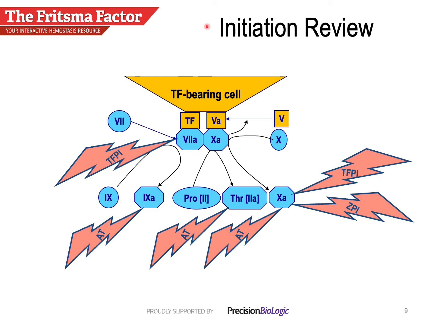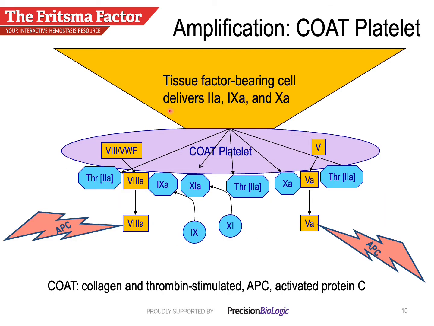Here again is the diagram of the initiation phase, just for your reference. This illustrates the amplification phase described in text in a prior slide. Thrombin, in a direct handoff from the tissue factor-bearing cell, escapes antithrombin and binds nearby COAT platelets.